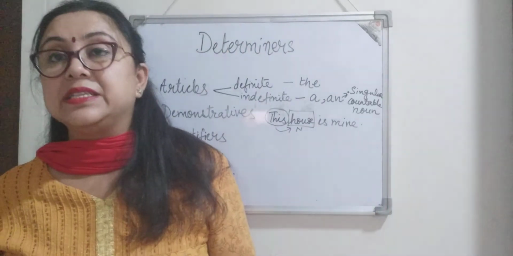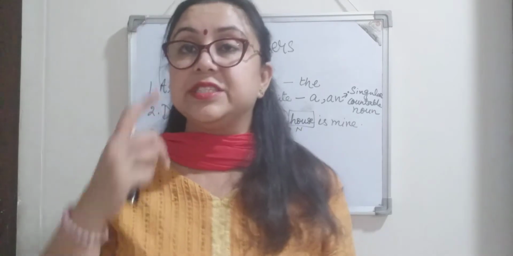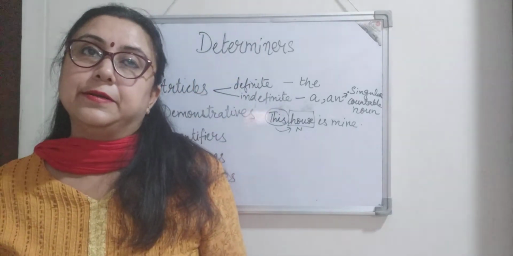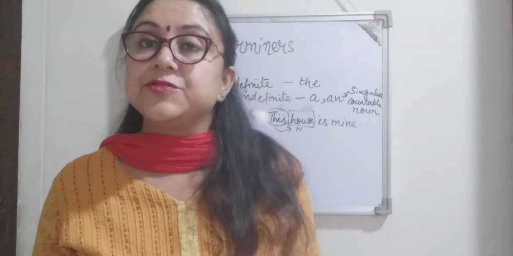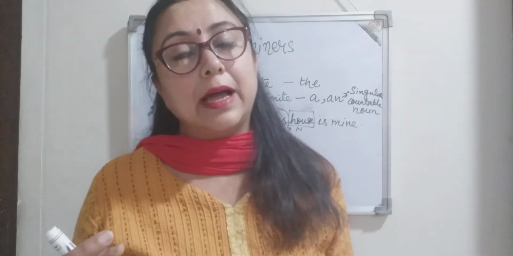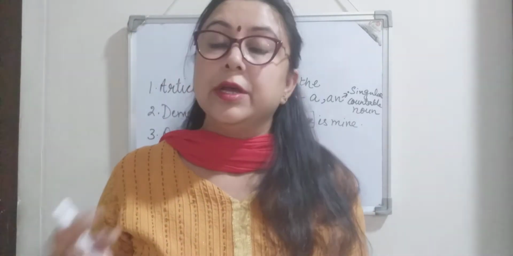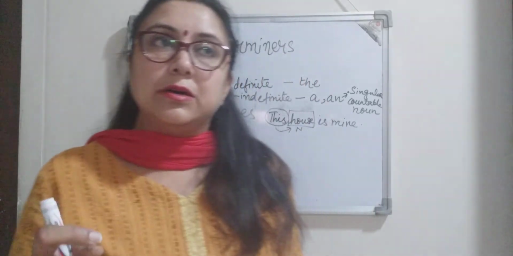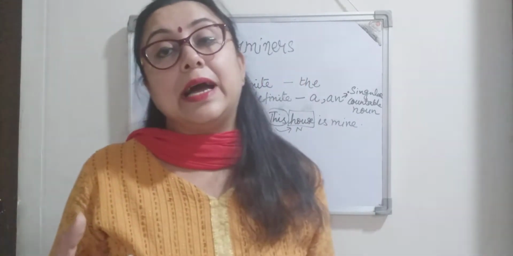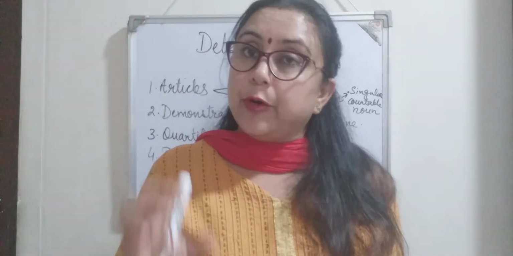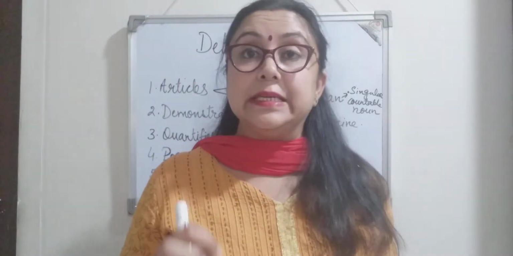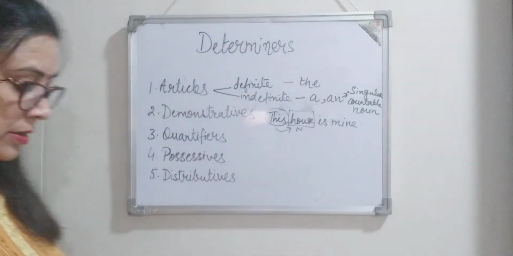Of course, we've already read different kinds of adjectives, where we learned the adjectives of quantity and the adjectives of number. So what do these adjectives do? They point out towards the quantity, the number of the noun.